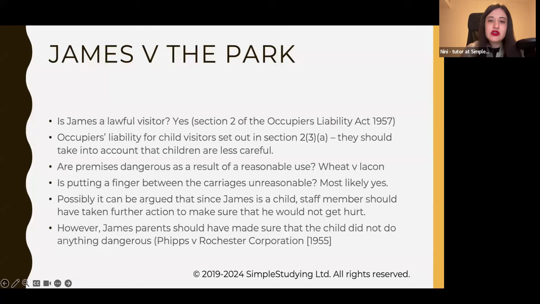So make sure that you cite the relevant provisions from the statute for every single legal issue. For analyzing whether or not James is a lawful visitor, it's Section 2 of the Occupiers' Liability Act 1957.